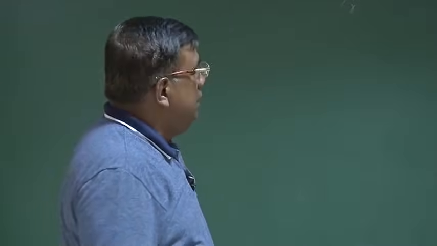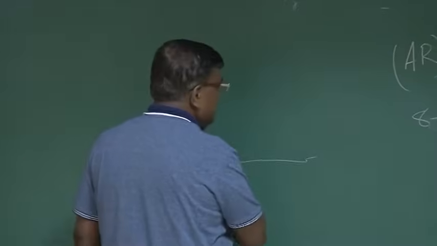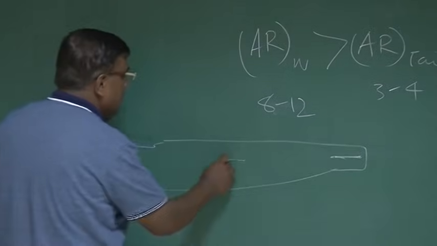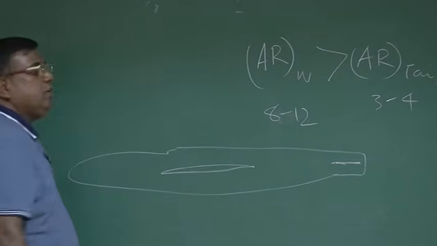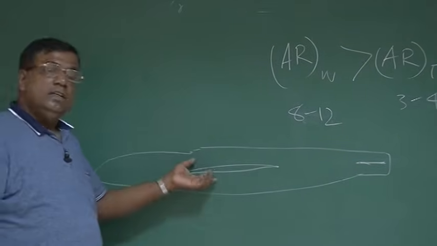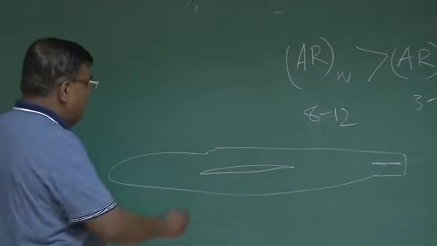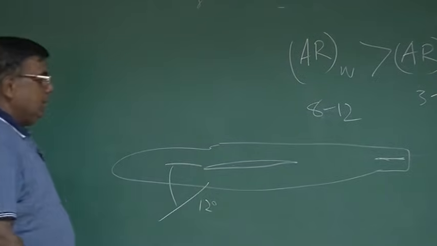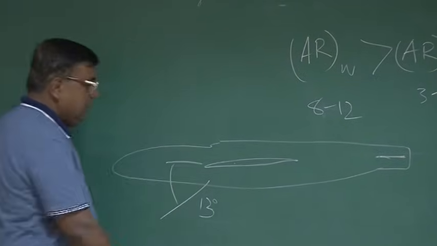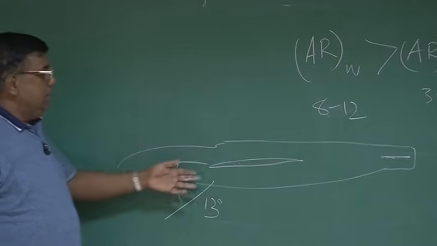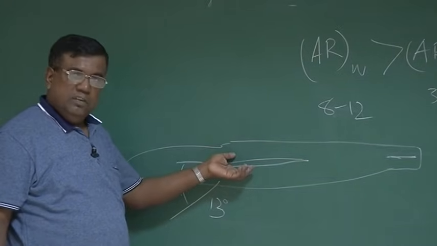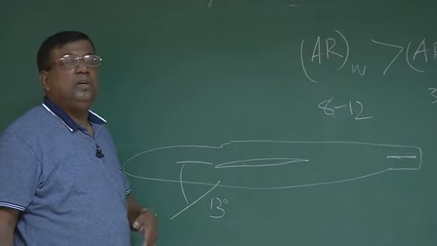So now see, this is an airplane. Tail, and this is the wing. Its aspect ratio is more, so downwash is less. Suppose the airplane somehow has come near the stall, let's say 12 degree or 13 degree. Now what will happen? The wing will see 13 minus some downwash angle, which is very small because we have put high aspect ratio.